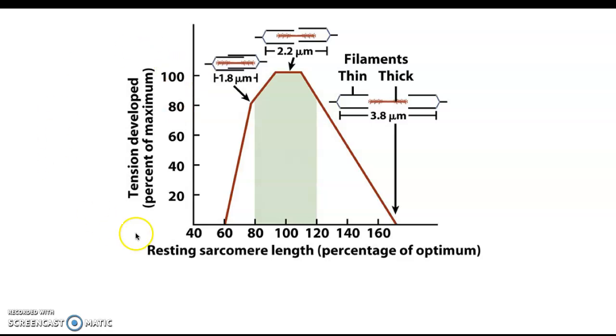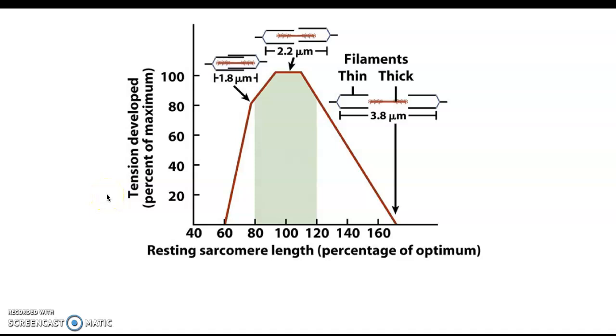On the y-axis here, we have the tension that's developed. This author is also talking about this as the percent of maximum tension that can be developed. So what we are looking at here is the relationship between the length of the sarcomere and how much tension you can develop. I want to ask you, what is the relationship between the length and the tension?